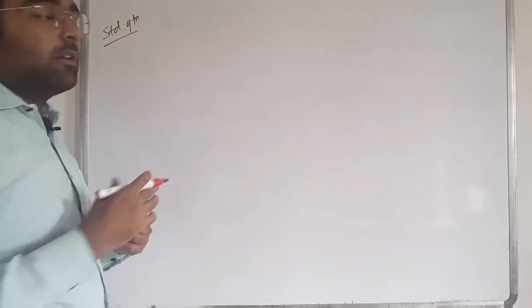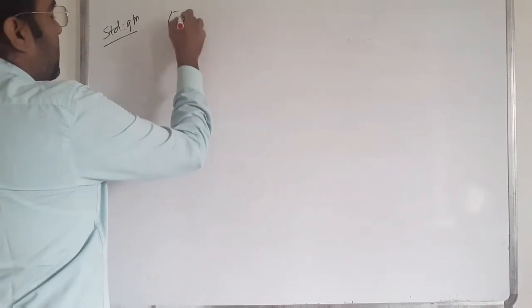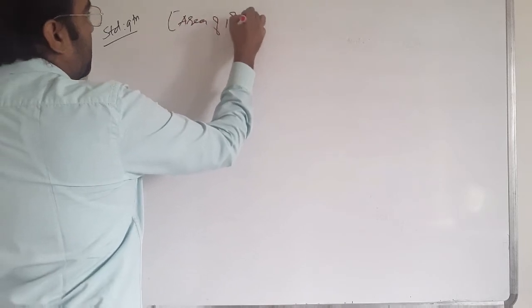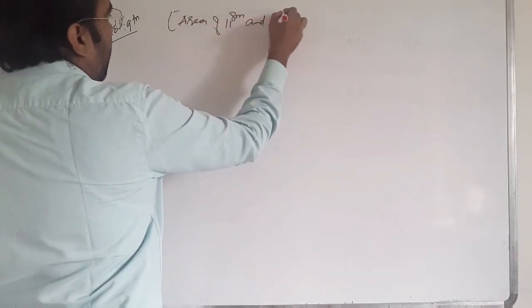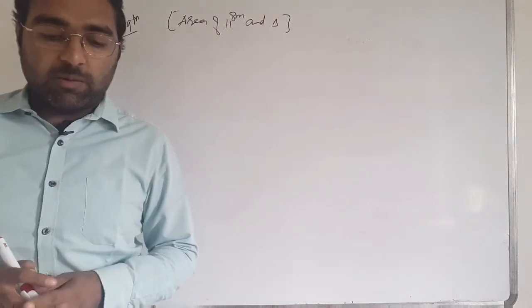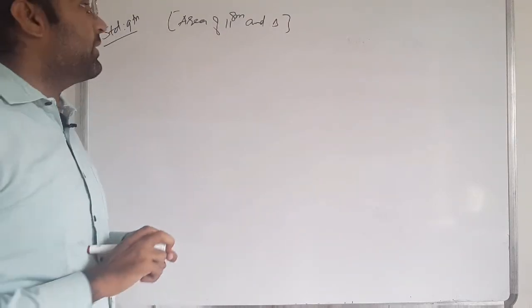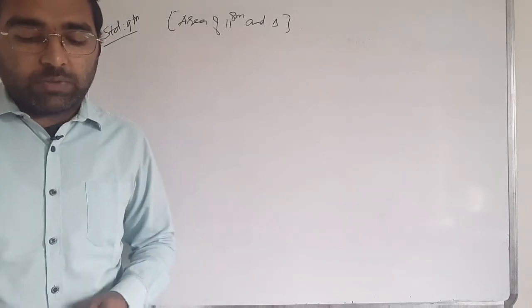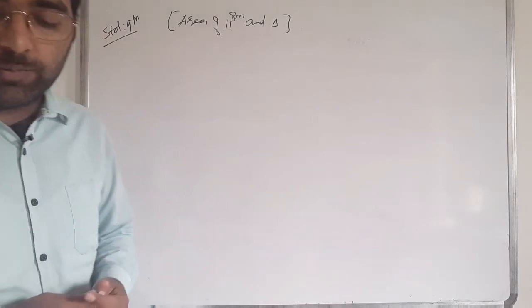For standard 9 mathematics, the name of the chapter is area of parallelograms and triangles. So let's start with question number 4.